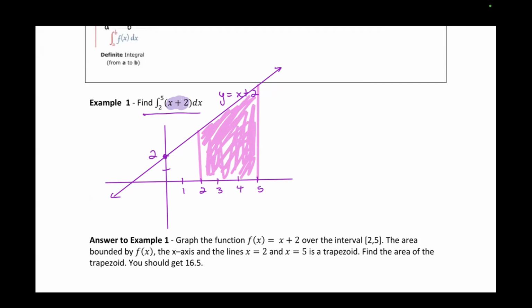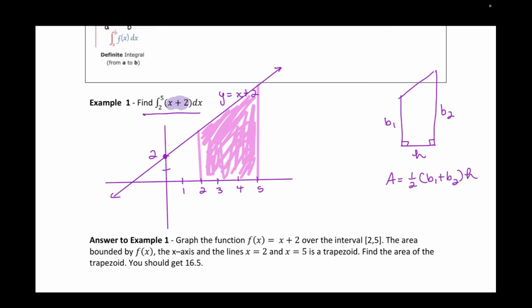Well, that is a trapezoid is what that shape is. And a trapezoid, these are going to be right angles for us. If I treat these two sides as the bases, then this is the height. The area of a trapezoid is 1/2 the sum of the bases times the height.